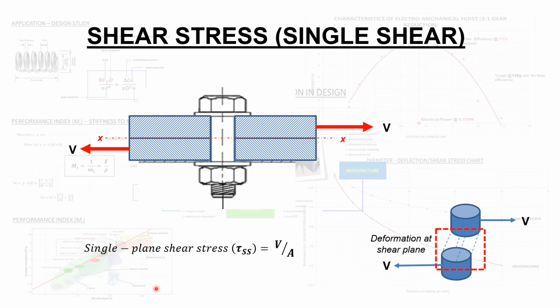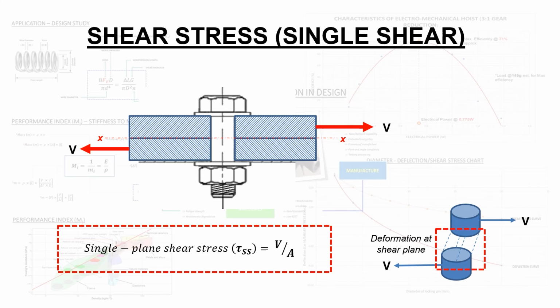Thus, in calculating the shear stress experienced at the cross section of the bolt due to the applied shear force, tau subscript SS, where SS denotes single shear, is equal to the shear force divided by the cross-sectional area. This is basically what's happening here. Okay, so this is fairly straightforward.